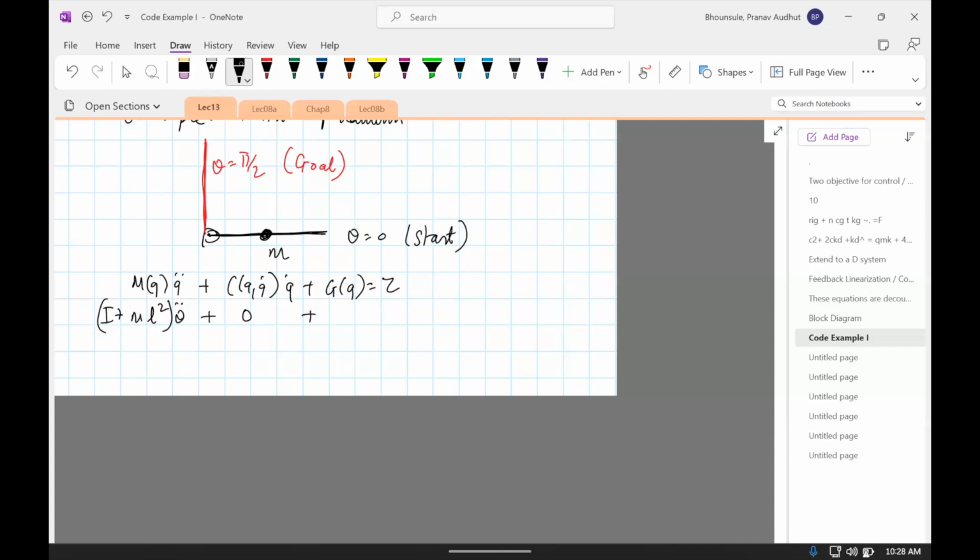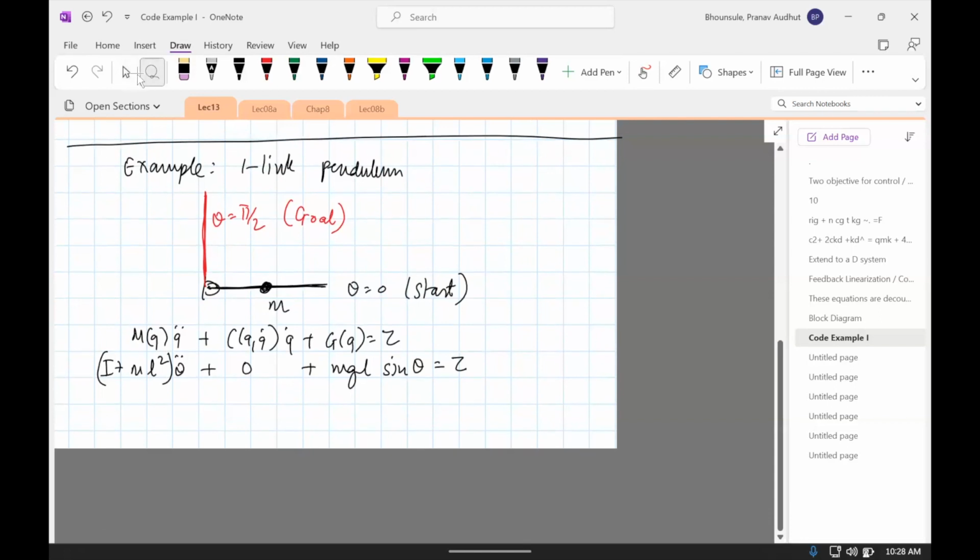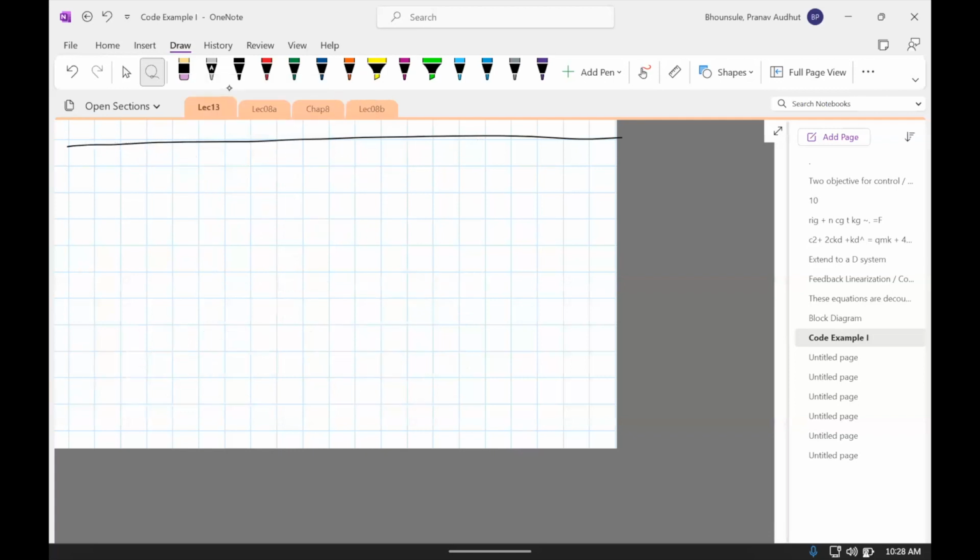This will be 0, plus mgl sine theta equals tau. And then I try actually two controllers here. Let me move this to the next page.